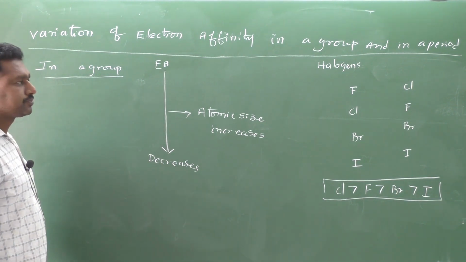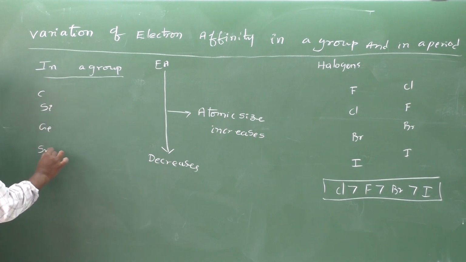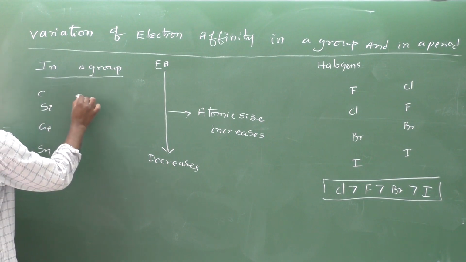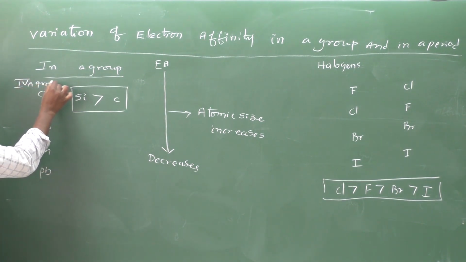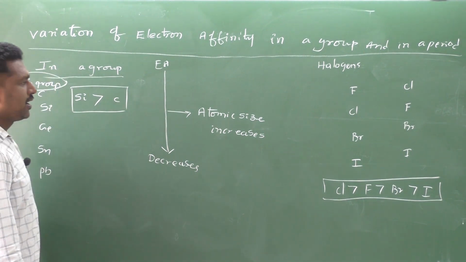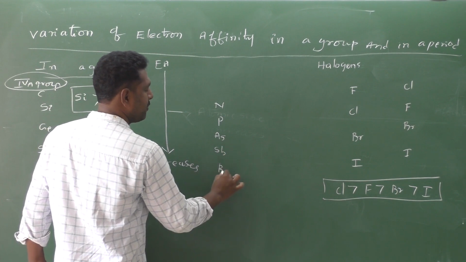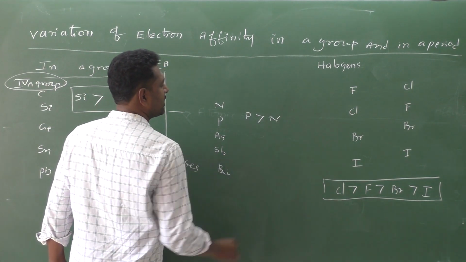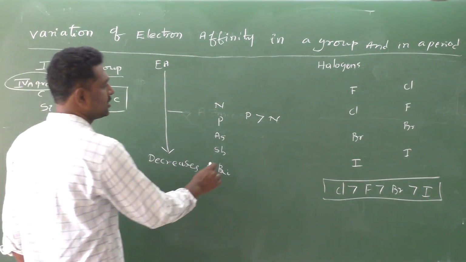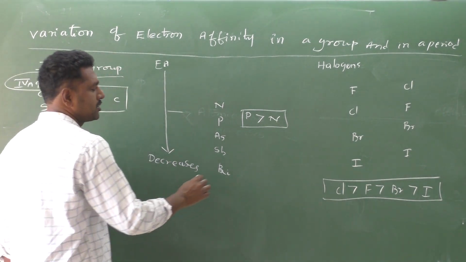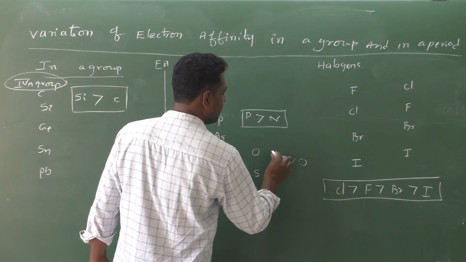In the 4th group, carbon, silicon, germanium, tin, lead, silicon has more electron affinity than carbon. In the 5th group, nitrogen, phosphorus, arsenic, antimony, bismuth, phosphorus has more electron affinity than nitrogen. In the 6th group, oxygen, sulfur, selenium, tellurium, sulfur has more electron affinity than oxygen.